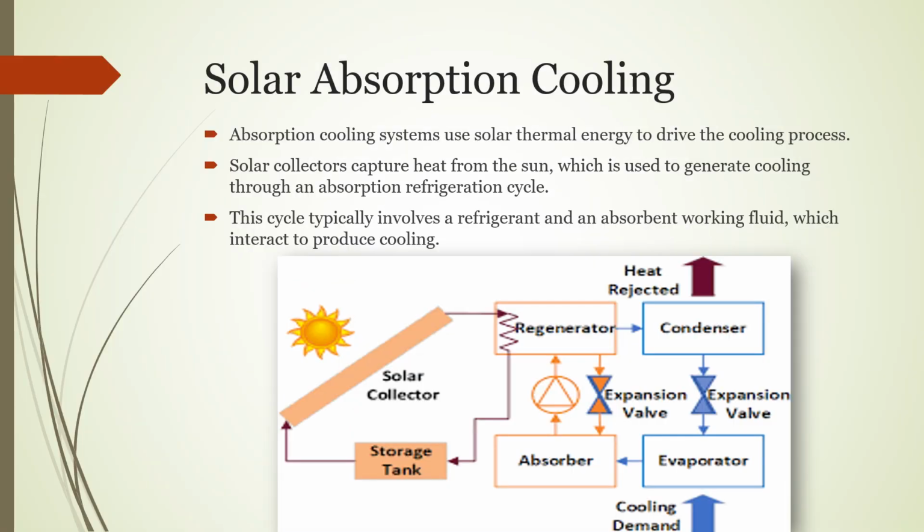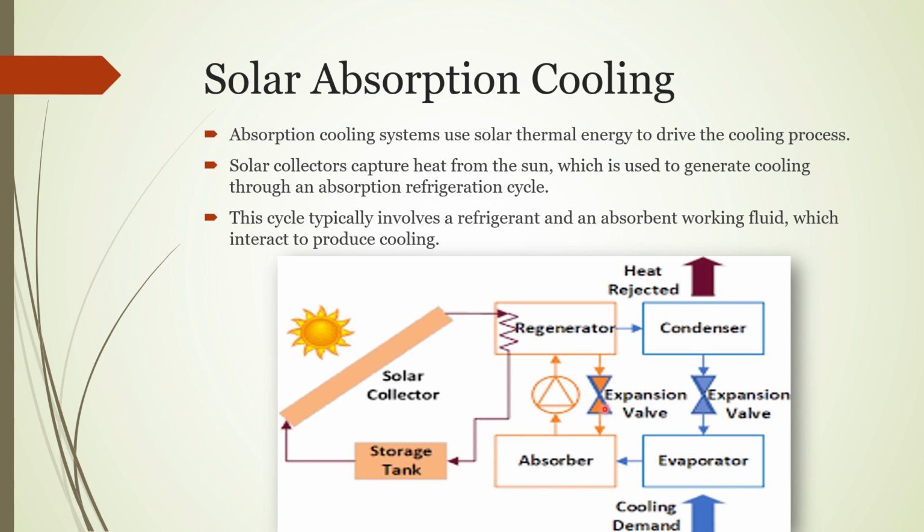The second one is solar absorption cooling. Absorption cooling systems use solar thermal energy to drive the cooling processes. Solar collectors capture heat from the sun, which is used to generate cooling through an absorption refrigeration cycle. This cycle typically involves a refrigerant and an absorbent working fluid which interact to produce cooling.